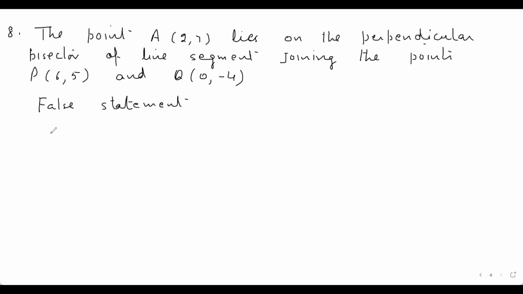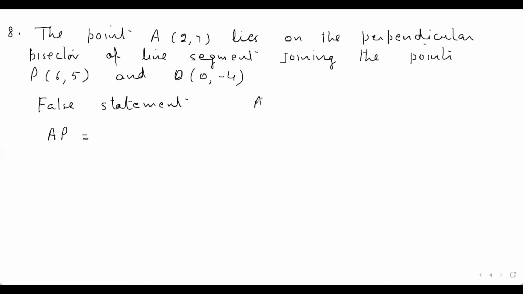So here first I'll find the distance AP, then I'll find the distance AQ. If both are equal, then this point lies on the perpendicular bisector of the line segment joining the points P and Q. So let us find AP first.